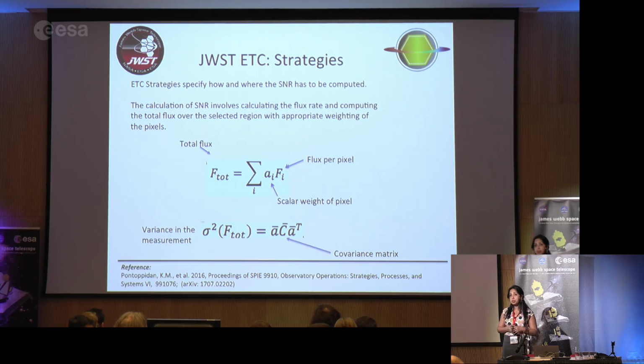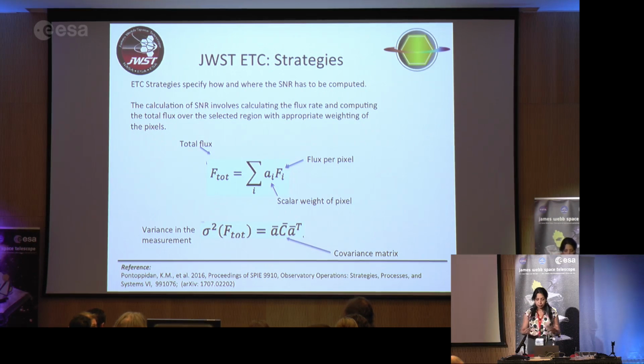You also need a noise measurement related to the flux that you're measuring, but for that you have to calculate the entire covariance matrix, because the off-diagonal terms give you the correlated noise, so that has to be taken into account.